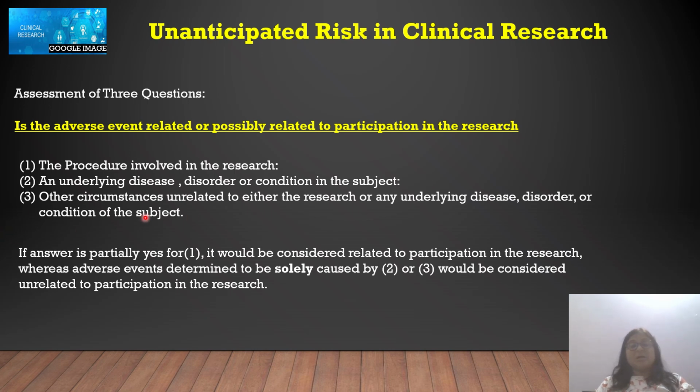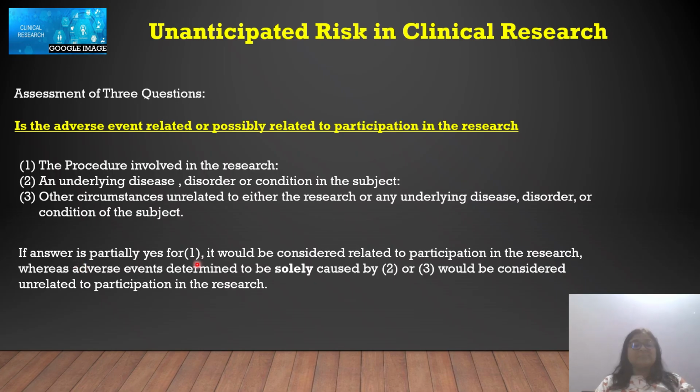Then third, other circumstances related to either the research or any underlying disease, disorder, or condition of the subject. So, were there any other circumstances because of which this problem may arise? If the answer is no, then obviously it is the unanticipated risk.